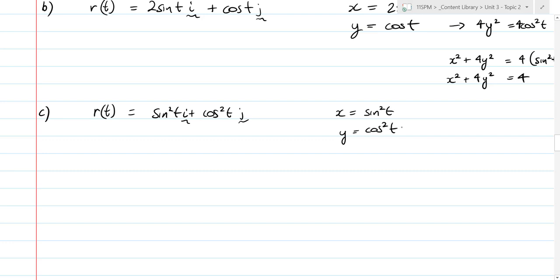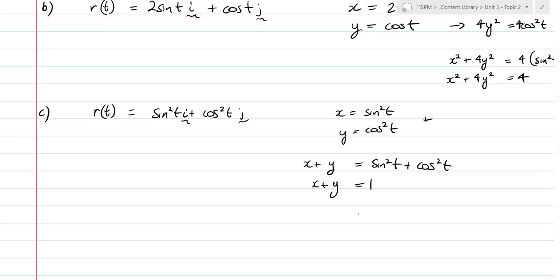Does anybody know what type of function we're going to get this time? Linear, indeed. I don't have to square both sides this time. So when I add them, I get x plus y equals sine squared t plus cos squared t, which gives me x plus y equals 1, y equals -x plus 1, or whatever version.